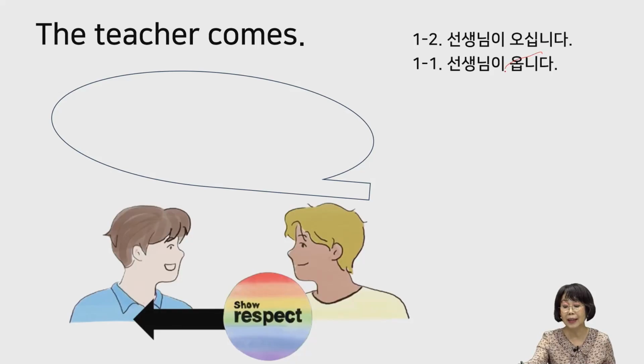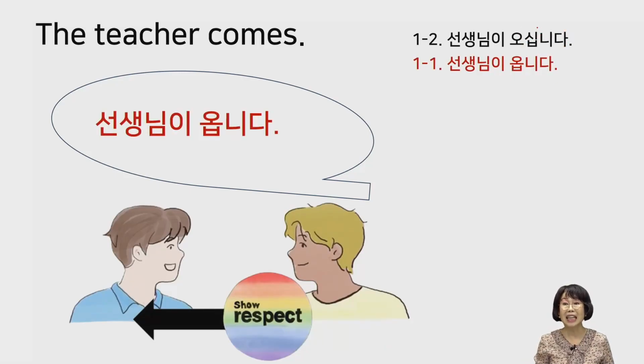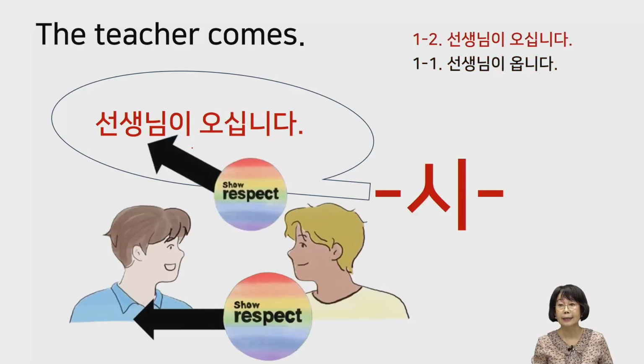선생님이 옵니다. 선생님이 오십니다. The second one has 시. 선생님이 옵니다: the 읍니다 ending can show respect to the listener, but it cannot show respect to the subject of your sentence.